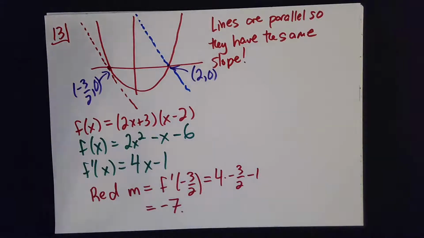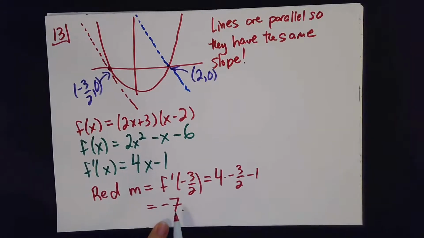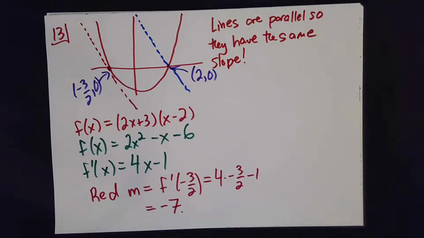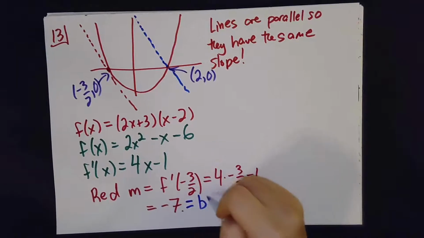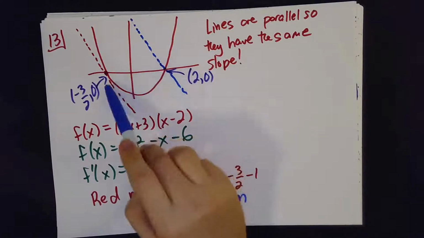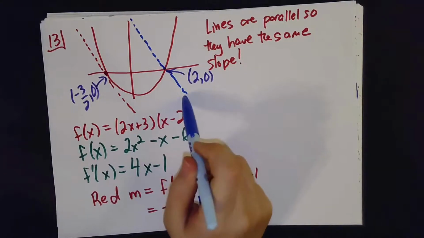Now, by virtue of the fact that these two lines are parallel, this is also the blue slope. So originally, I have both of these lines, but this blue line's not a tangent line.